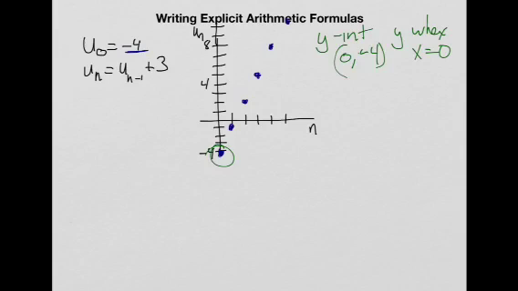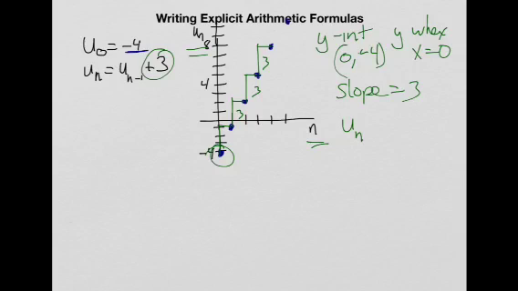And we need to know the slope. The slope is how much do I go up when I go over 1? How much do I go up each time? And that's actually defined in my sequence. Each time I'm going up by 3. So my slope would equal 3.